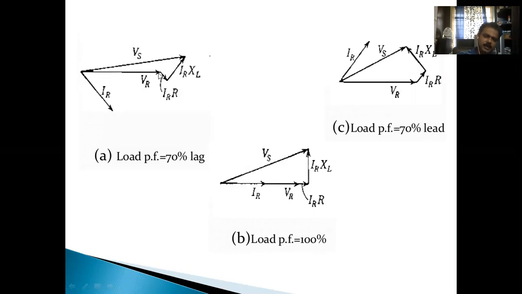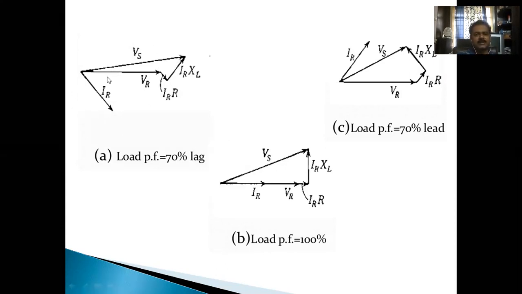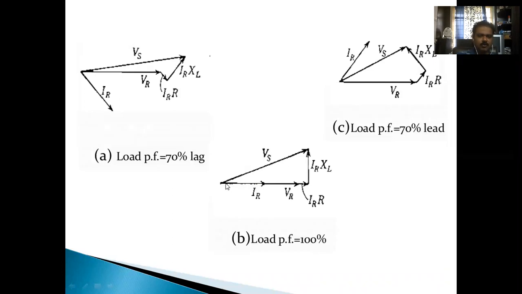So the terminal voltage at the receiving end, plus the voltage across the resistance, plus the voltage across the reactance, gives the supply voltage. Okay, when the load is lagging. If we consider a purely resistive load, IR and VR are in phase.